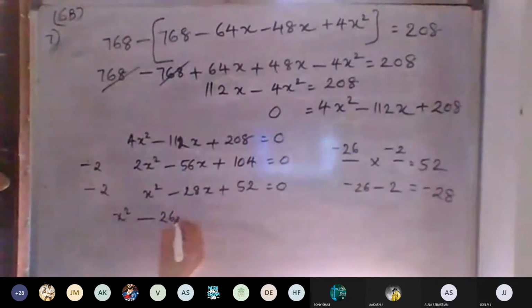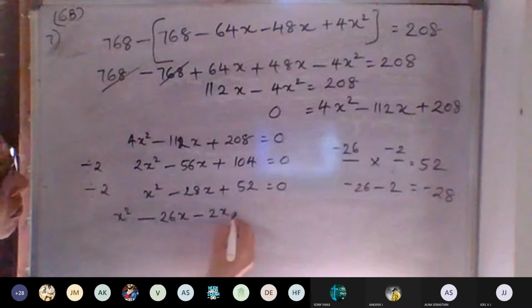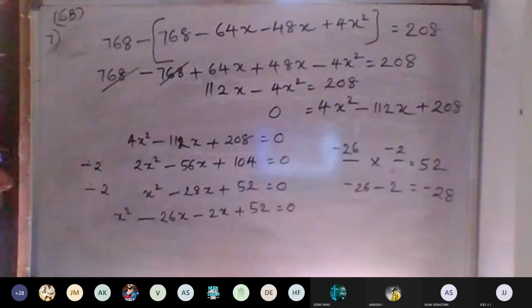Okay. x square minus 26x minus 2x plus 52 is equal to 0.